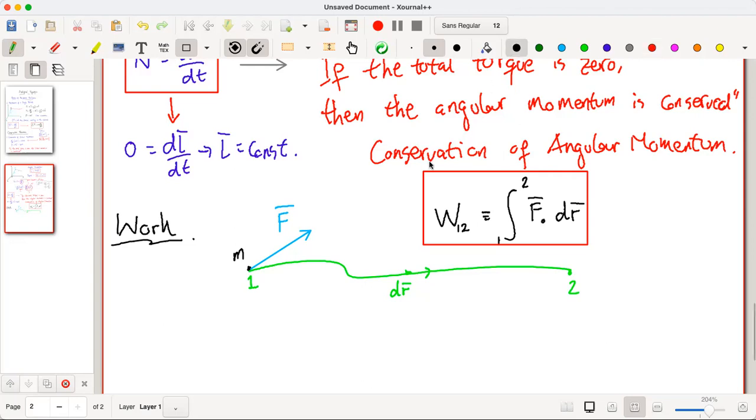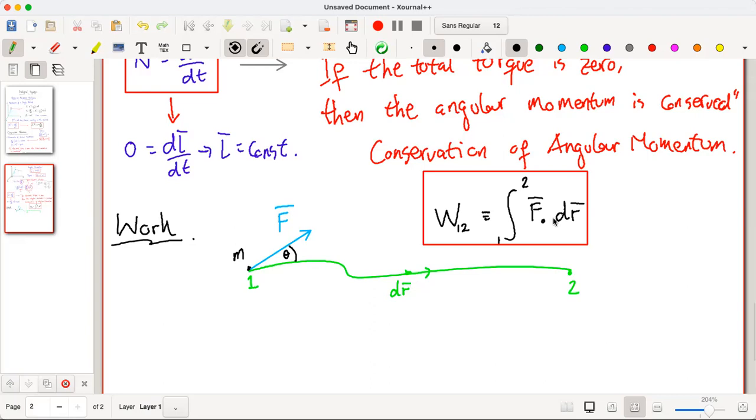For example, here they make an angle theta. So the dot product means that I have to consider the component of F that is along the displacement.